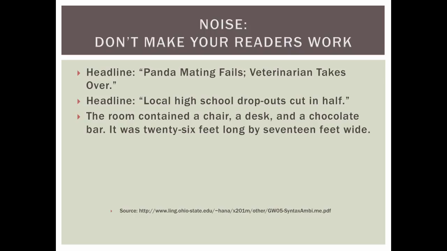Well, it sounds like it's talking about a chocolate bar, and an amazingly big chocolate bar at that. We know it's not, right? We know that they're talking about the room, but it's funny, and you don't want your readers laughing. You could change the words in this sentence to some sort of technical analysis around a sewage plant, and we could make it pretty funny too, I'm sure. You don't want your audience distracted. You want them to pay attention to your core message.